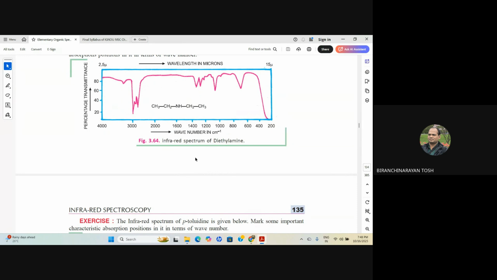GCMS is gas chromatography coupled with mass spectroscopy. What is gas chromatography? There is liquid chromatography and gas chromatography.